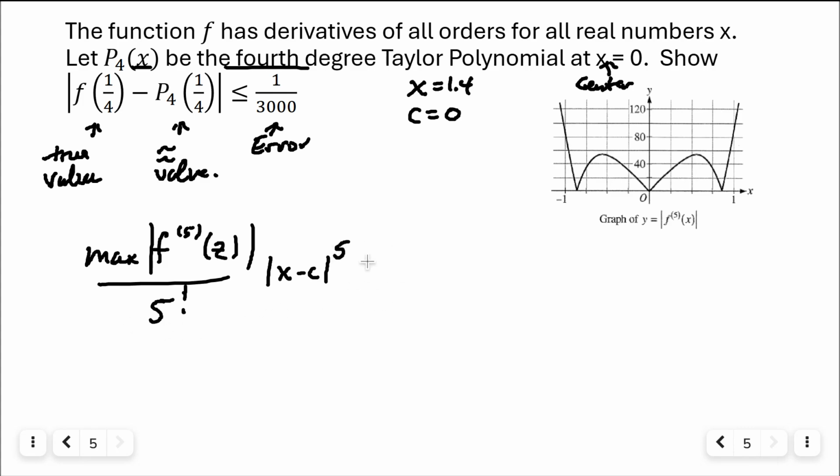Okay, now how do I find the max of the fifth derivative evaluated at z? Remember, z is between the center and 1/4.